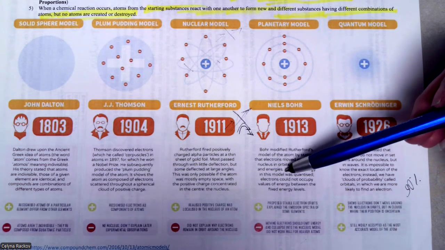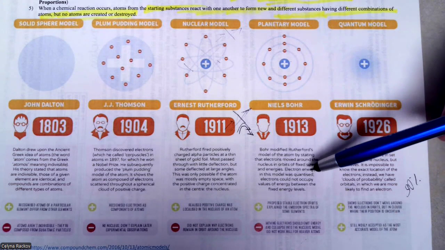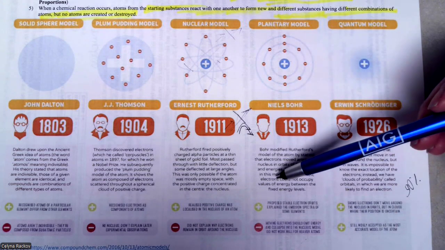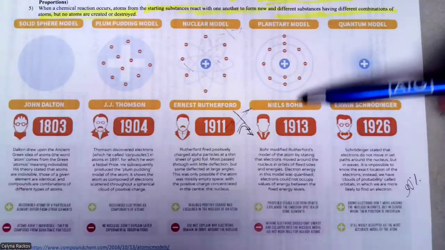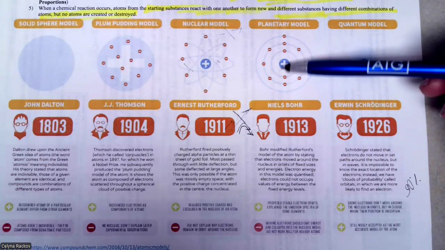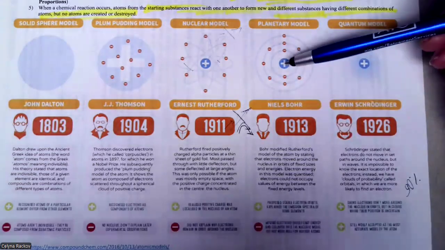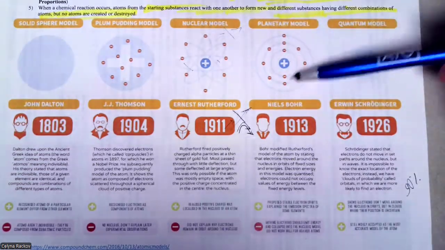Electron energy in this model is quantized. So the nucleus is still positive and electrons are in orbits.